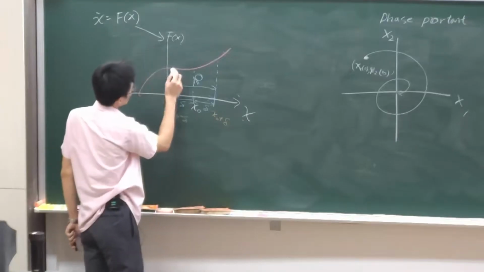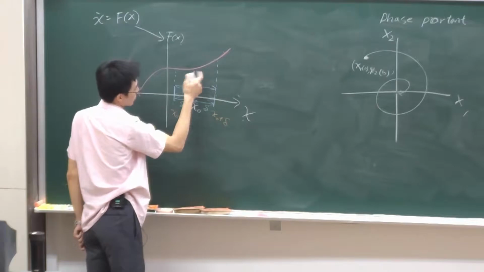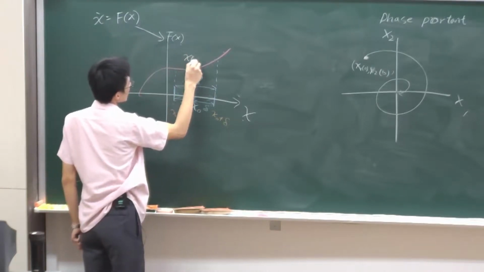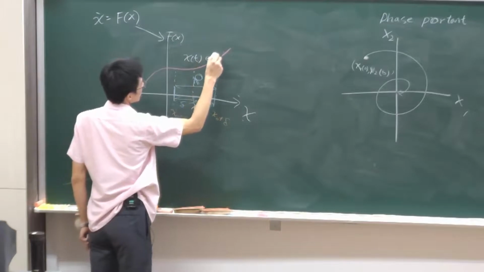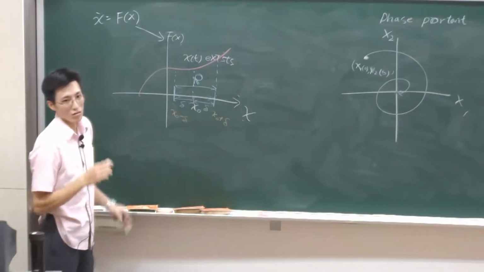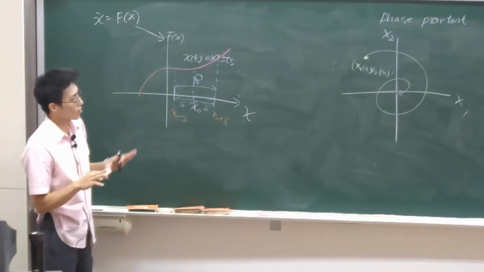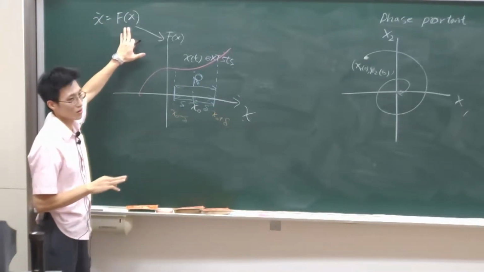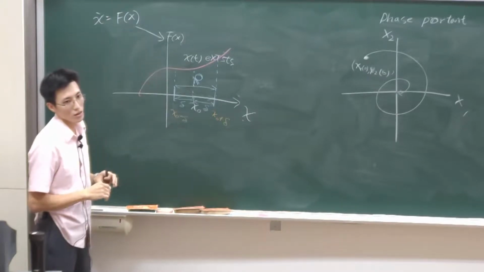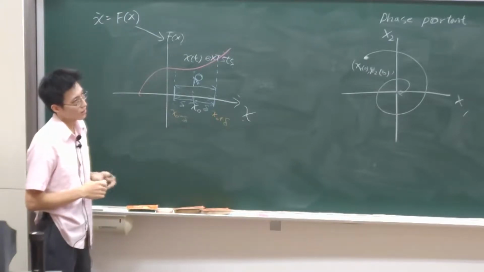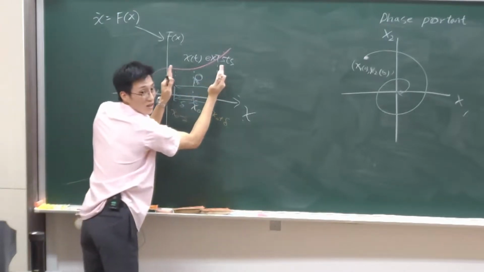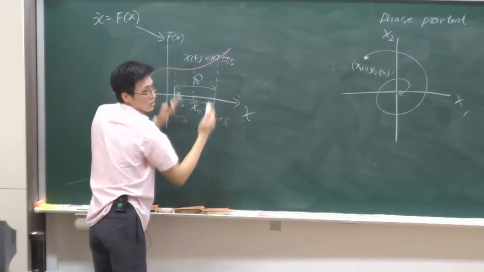If your f satisfies this, which is continuous in this region, then a solution exists. We don't know the solution, maybe, because it's a nonlinear ODE, but we know a solution exists. Any question? Only in this region, because it's only continuous in this region.